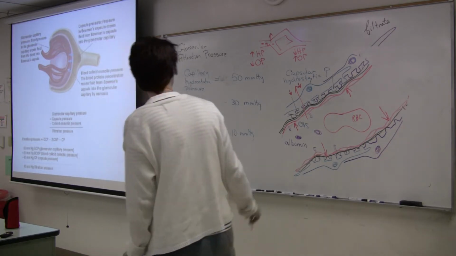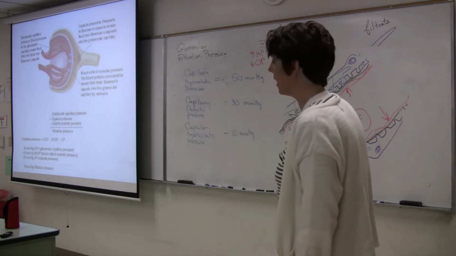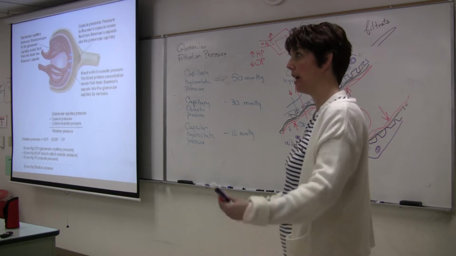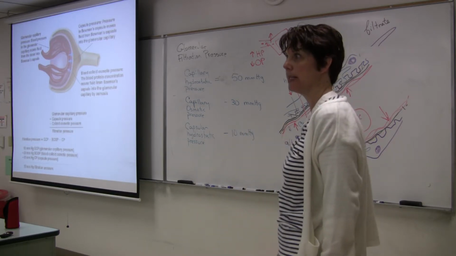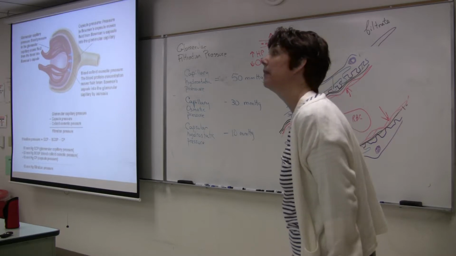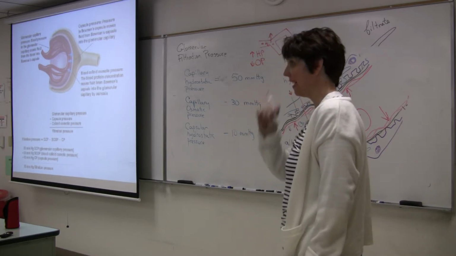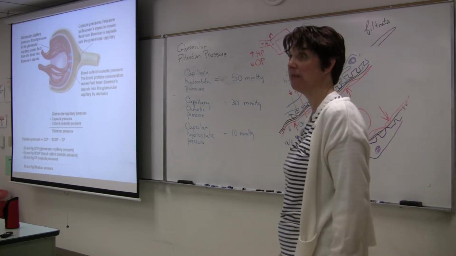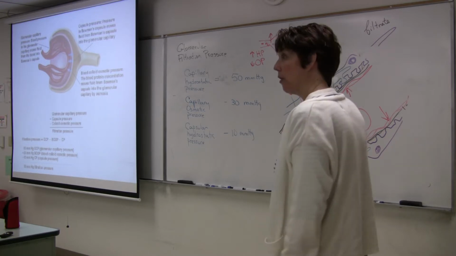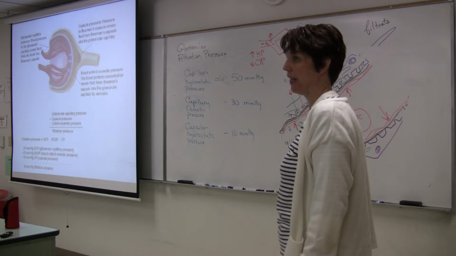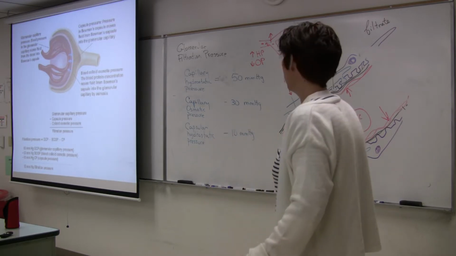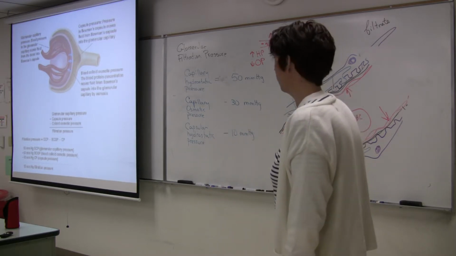Does the filtrate in the capsular space have any proteins in it to create an osmotic pressure that's going to pull additional fluid into the capsular space? It shouldn't, unless the filtration membrane is damaged. We don't have proteins in the filtrate. They're too large to cross the filtration membrane.